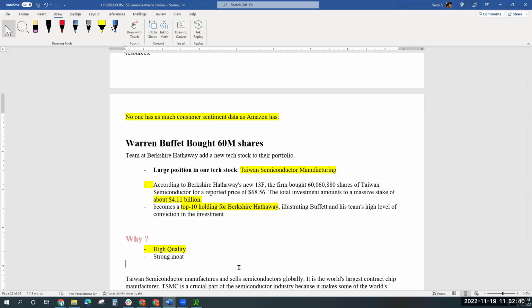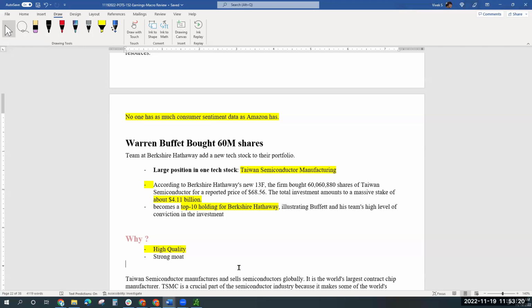Of all the semiconductor chips created in the world, TSMC has, I think, between 60 to 70%. And we're going more and more digital: AI, robotics, robotaxis, metaverse, connected fitness, connected appliances. Everything needs chips. Nowadays, cars have more chips than probably computers have. So we will continue to need more and more chips.